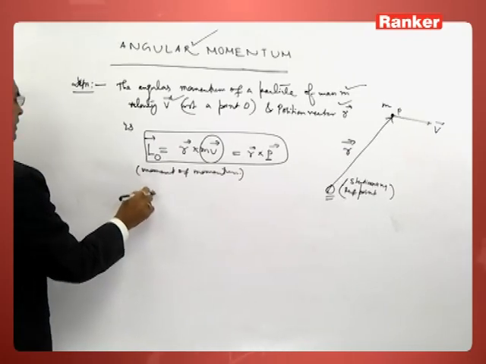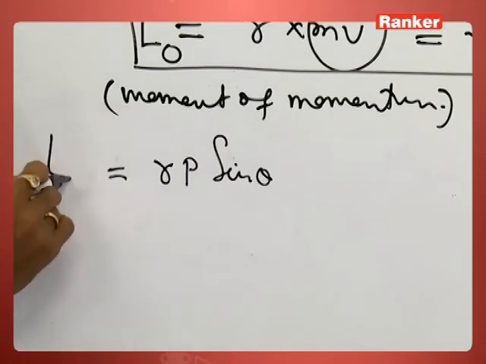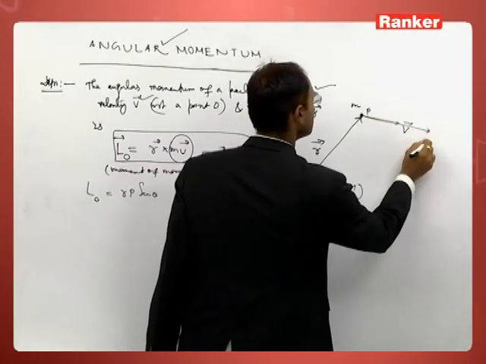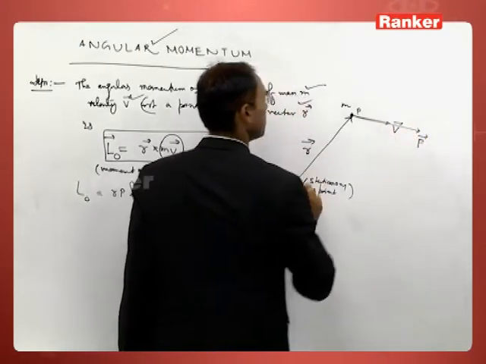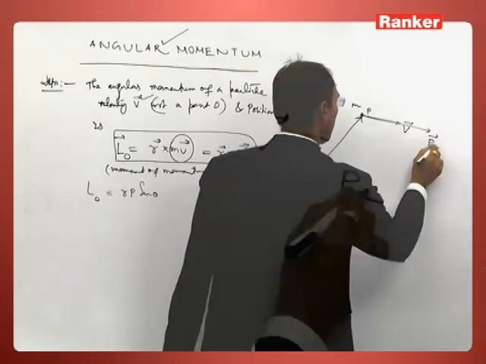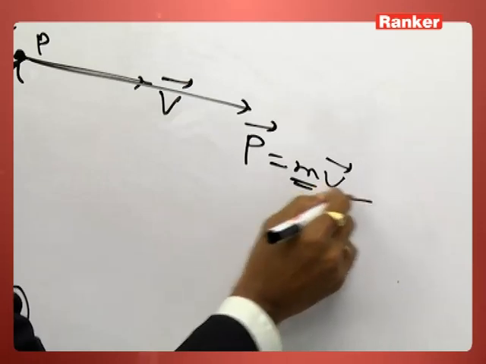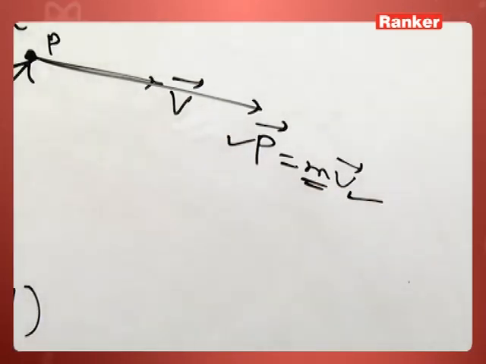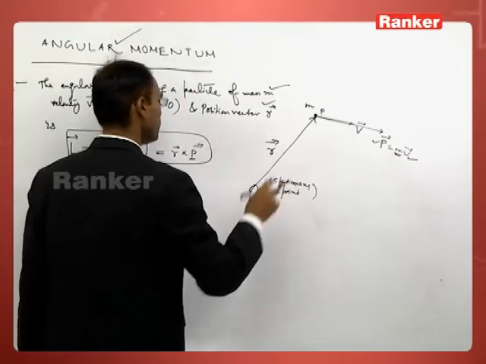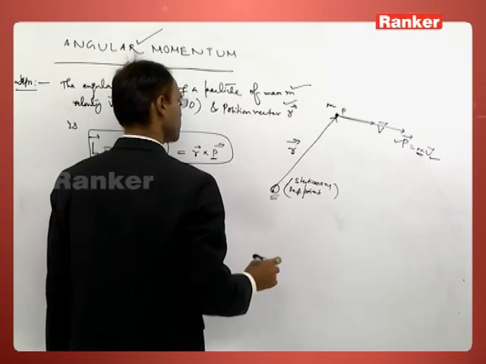r cross p can be written as r p sine theta. The linear momentum will point in the same direction as the velocity, because p is equal to m into v. Since m is a scalar quantity, the velocity vector and linear momentum vector must be collinear and unidirectional.